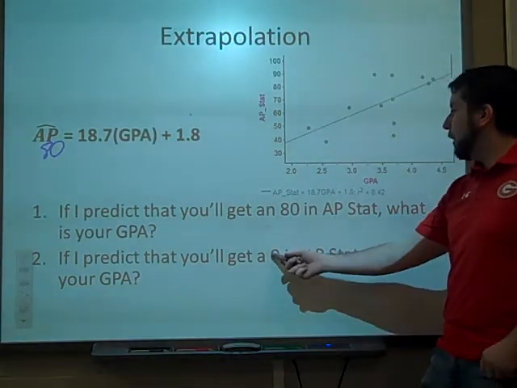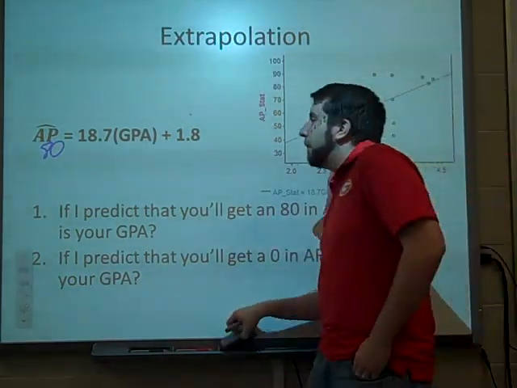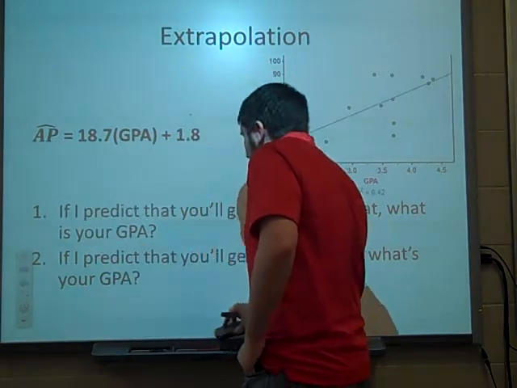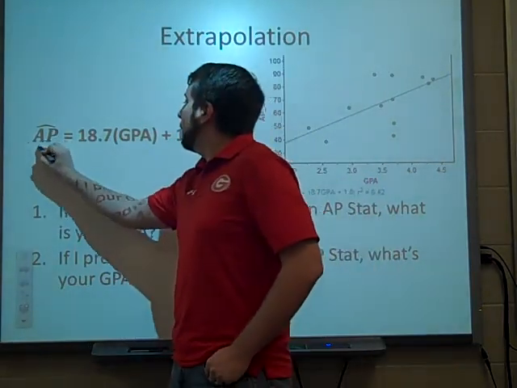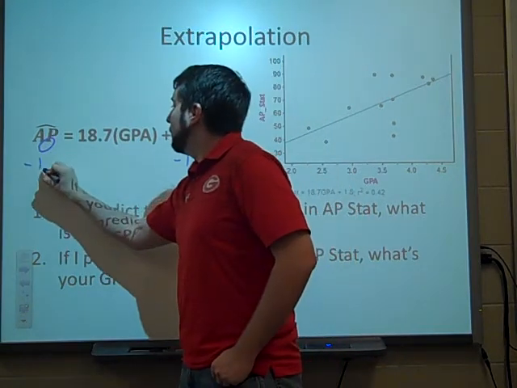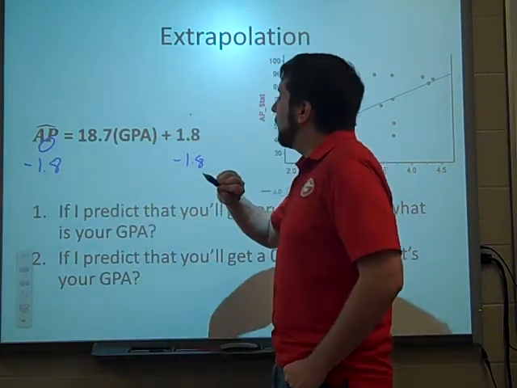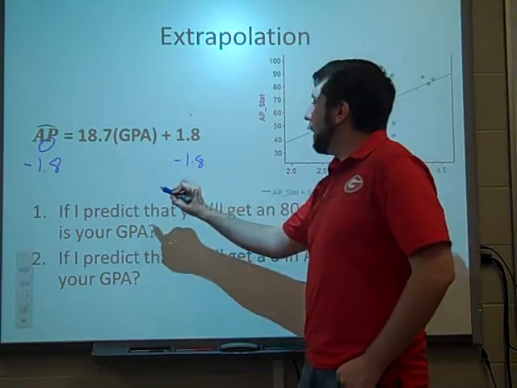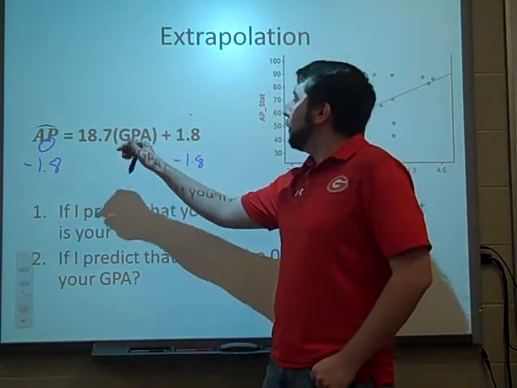Well, if you plug 0 in here, if you predict a 0 in AP Stat, actually I'll do this one real quick. I'll subtract 1.8. So you have negative 1.8 equaling 18.7 GPA.